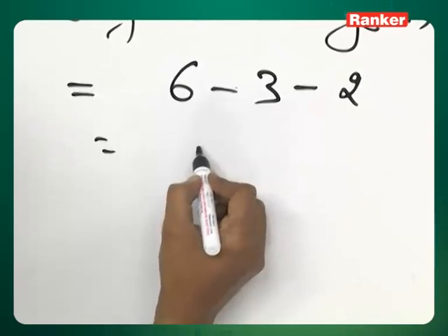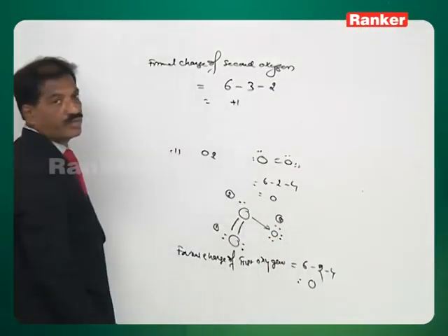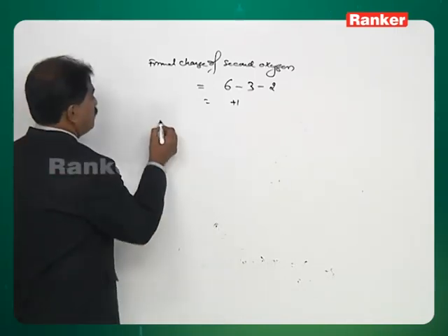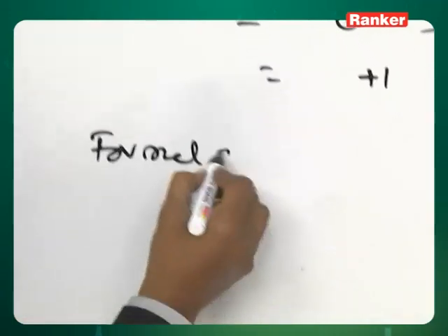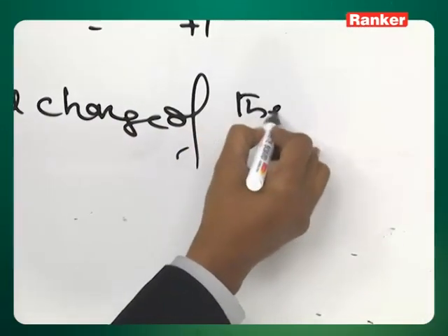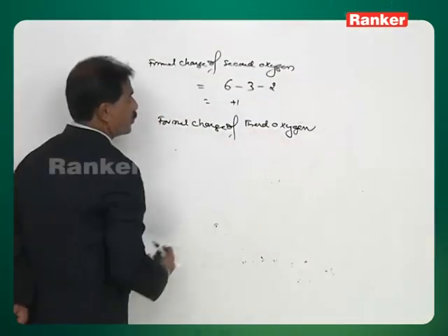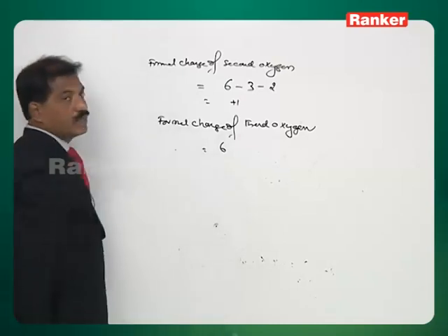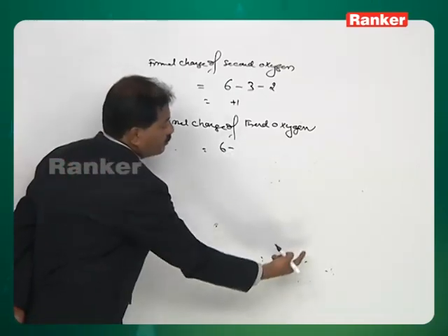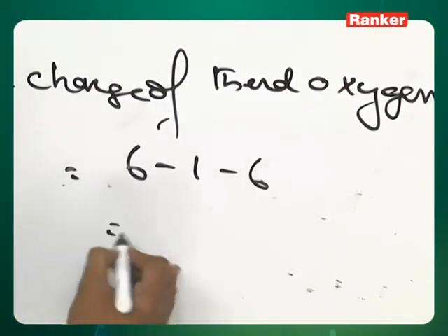So therefore formal charge is 1. Next, formal charge of the third oxygen. Electrons in the free atom. Next total number of electrons contributed for bond formation. Next 6 electrons. So minus 1.